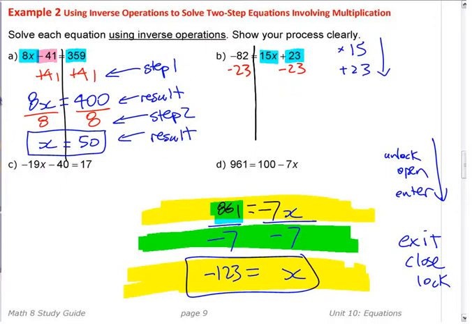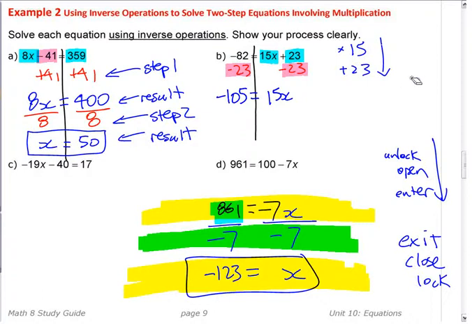If you want to get rid of that positive 23, you have to put a negative 23 because those cancel out, right? What do I have left on the right side? 15x. Put the equal sign nicely in the line. What do I have left on the left side? Negative 105, right?